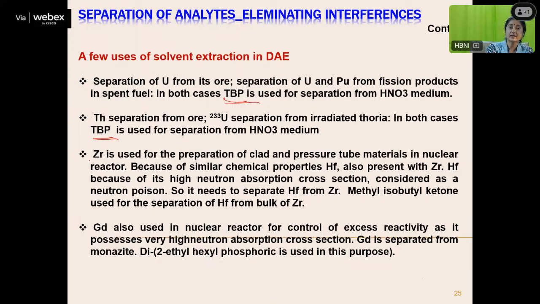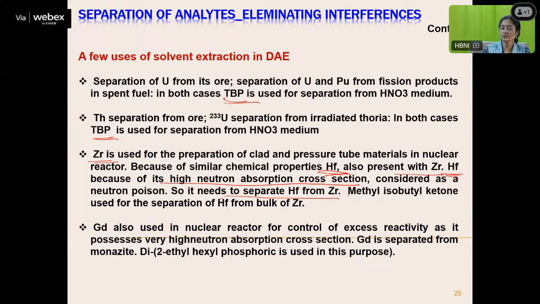Zirconium, as we have seen in the example, is used for the preparation of clad and pressure tube materials in nuclear reactors. Because of similar chemical properties, hafnium is also present with zirconium. Hafnium is not at all desirable in a nuclear reactor because it has a very high neutron absorption cross section, so it needs to be separated from zirconium.